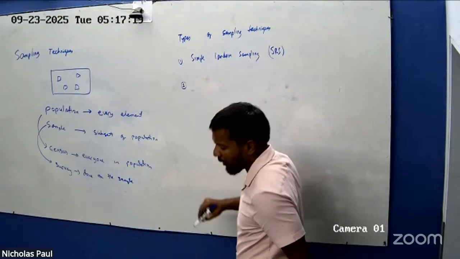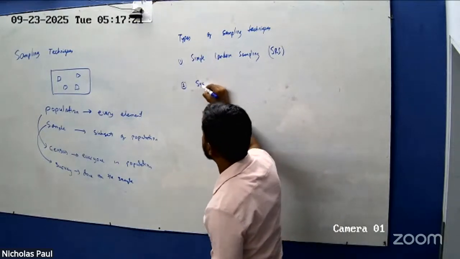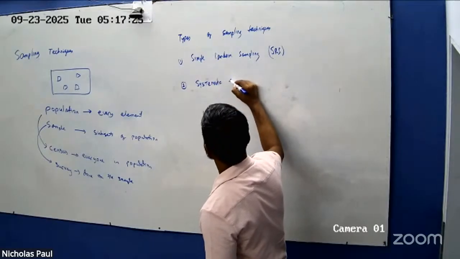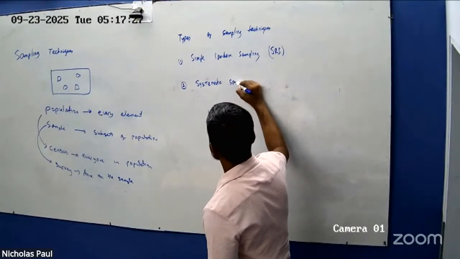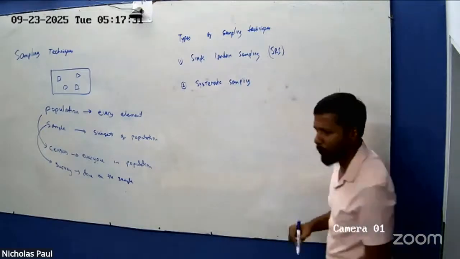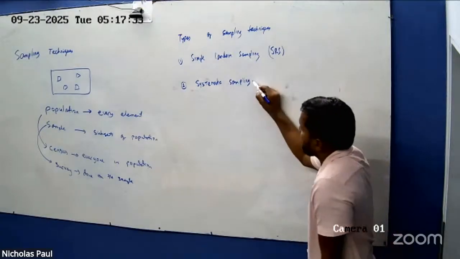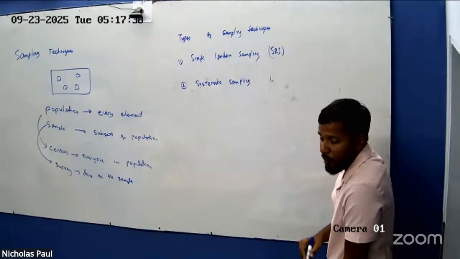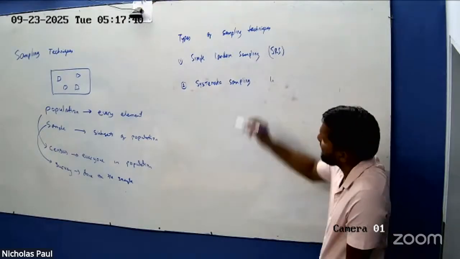The second one is something called systematic sampling. I'm going to explain it one time. What is systematic sampling? The first thing we do in systematic sampling is give each person a number, very similar to this.